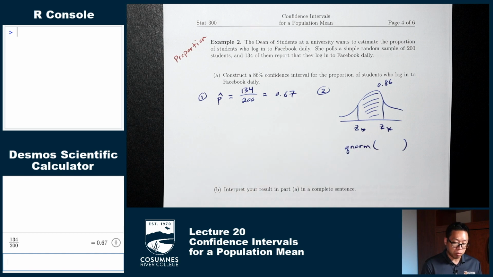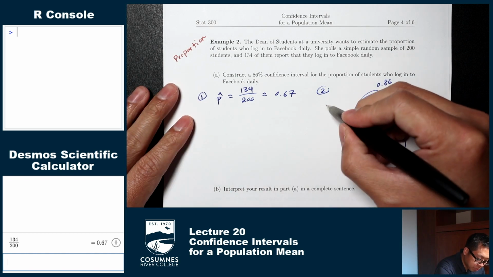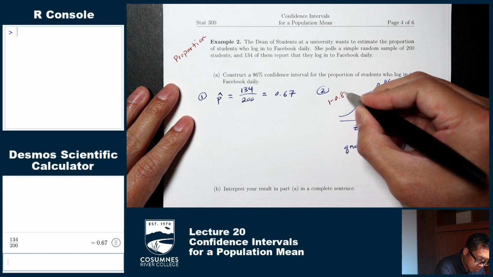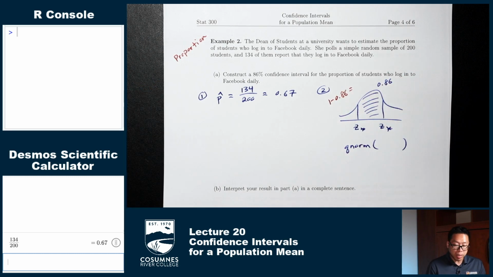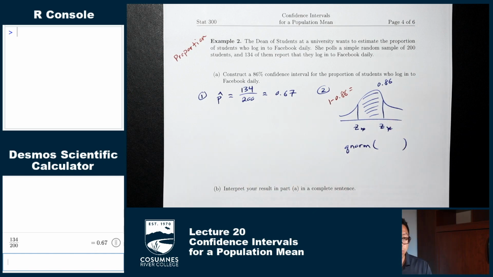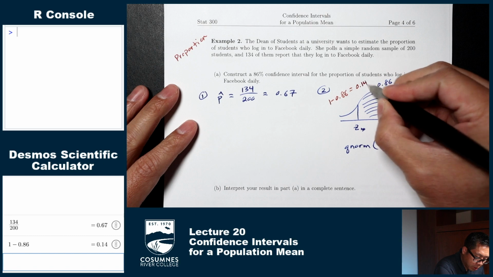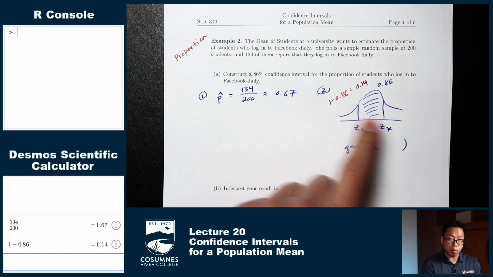So first thing I'll do is 1 minus 0.86. Whenever I do 1 minus, that should give me the area of the unshaded part. 1 minus 0.86 is 0.14.